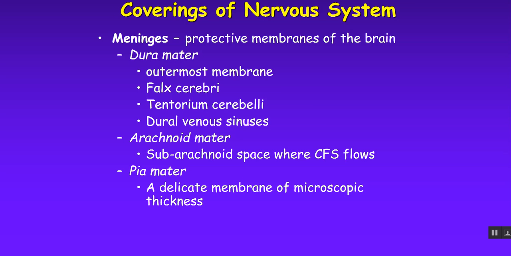And on the edges of the spinal cord, some pia extends off at different points to anchor it to the inside of the spinal canal at each level, and those are called the denticulate ligaments. They're pia mater, those little extensions of pia off the edge of the spinal cord to anchor it to different locations in the spinal canal.